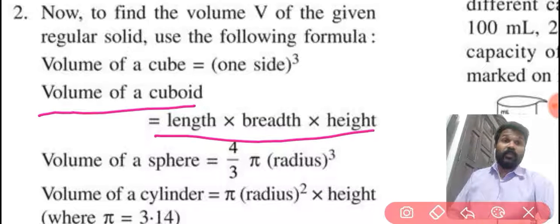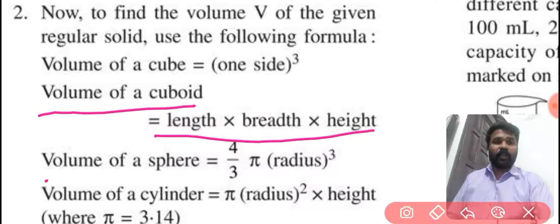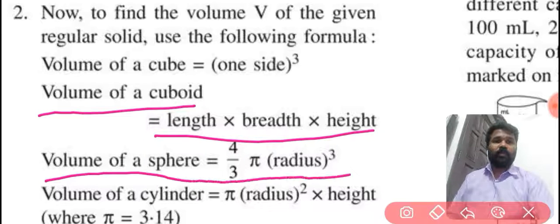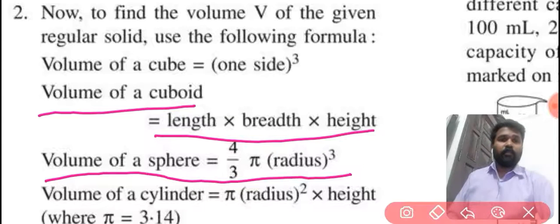Clear? Length into breadth into height. The volume of a sphere is equal to 4 upon 3 pi r cube. If it is a sphere, how to find out the volume? By using the formula 4 upon 3 pi r cube, means radius cube.